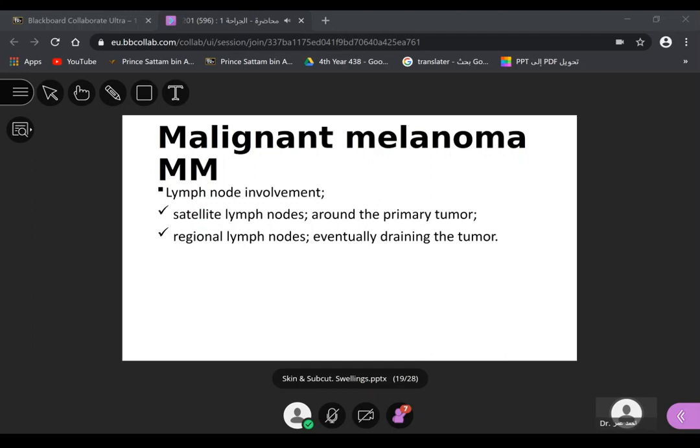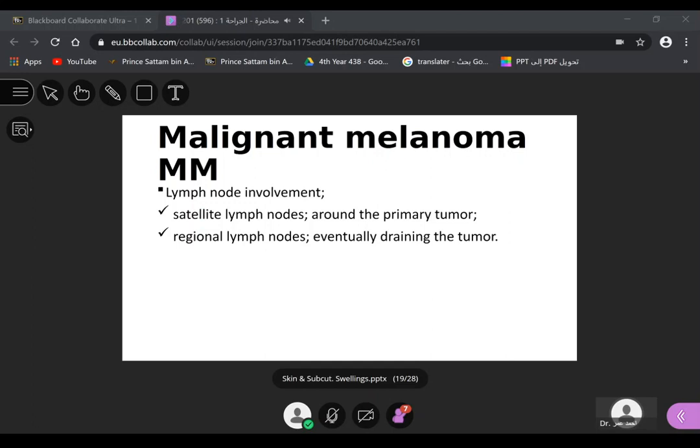The first are small lymph nodes around the swelling, usually named as what?